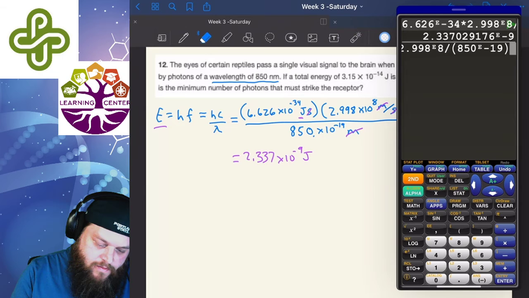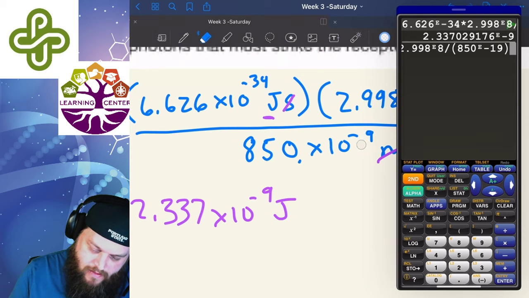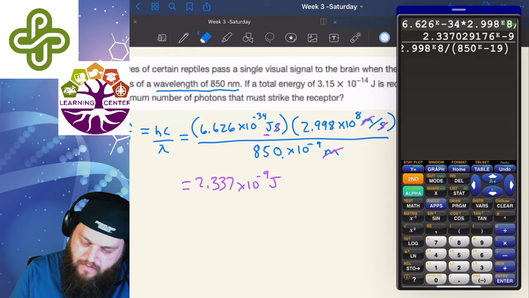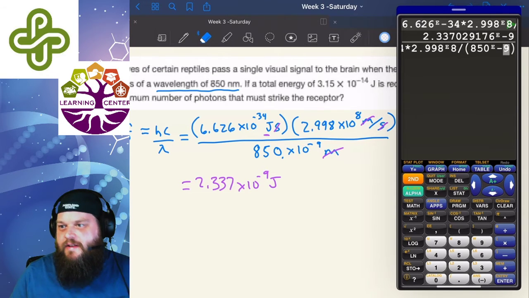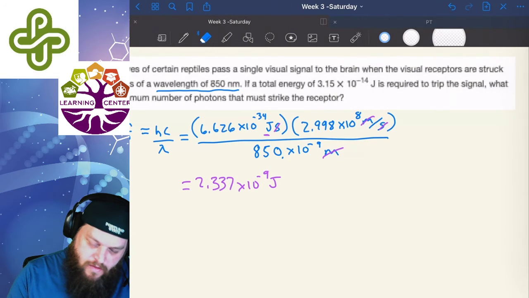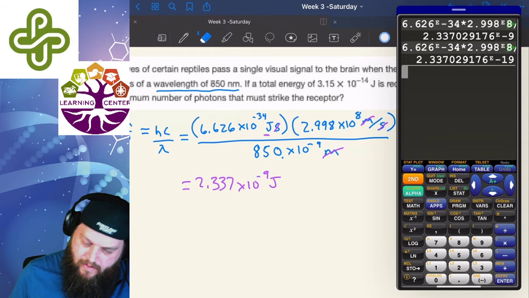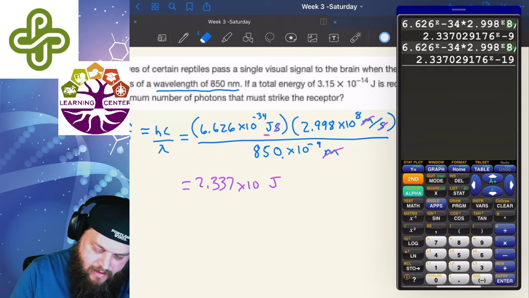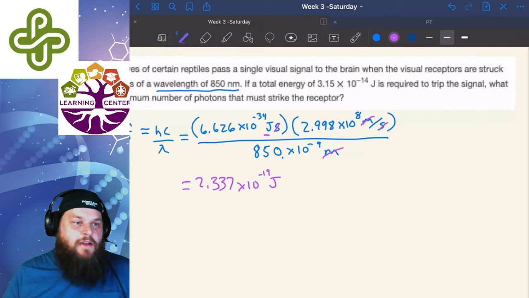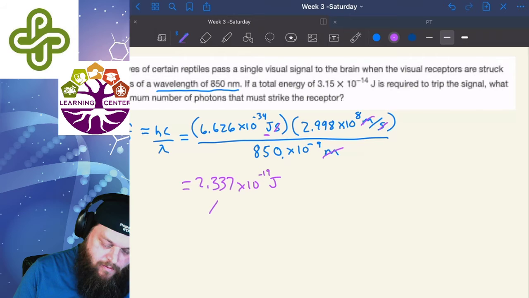I'm way off. That should be 10 to the 9. It's not 10 to the 19 for nanometers, it's just 10 to the 9. So that should give me the right answer, 10 to the 19 here. I was getting ahead of myself. I knew something had to be off because the energy of one photon was going to be much smaller than this.